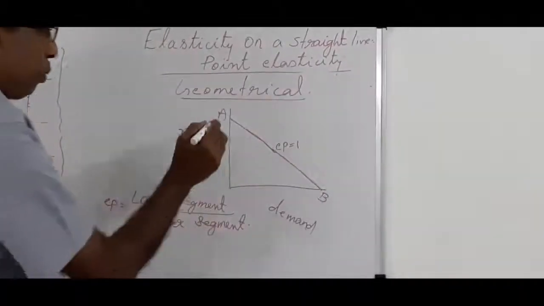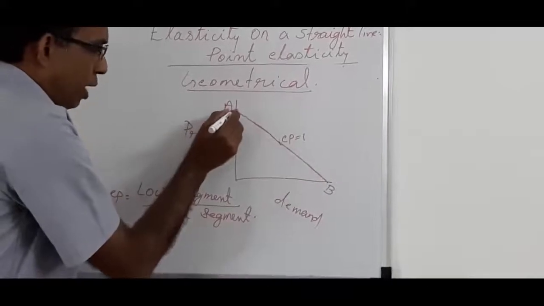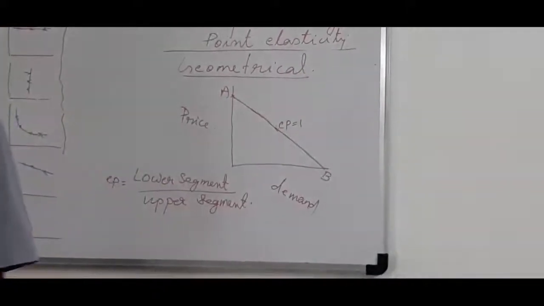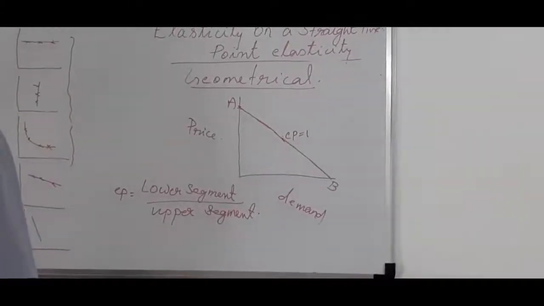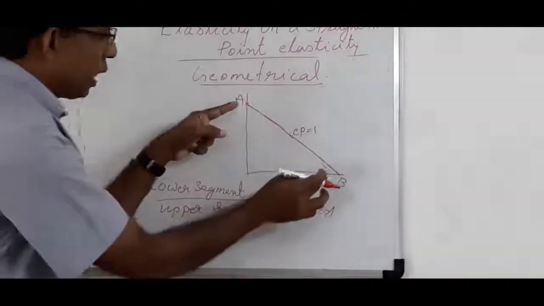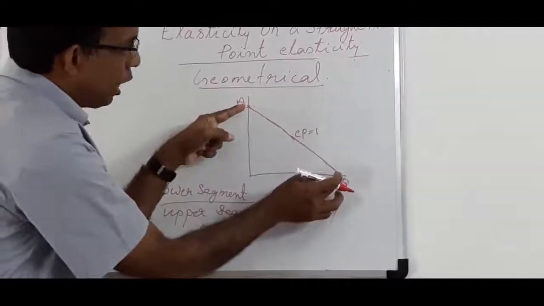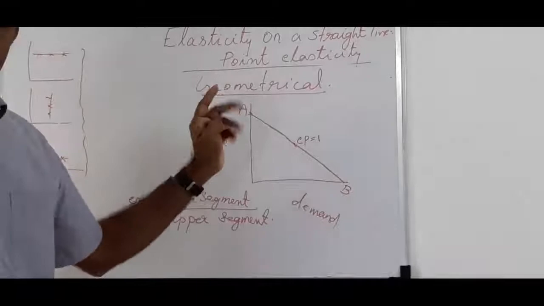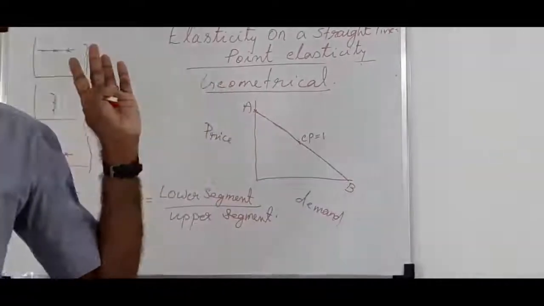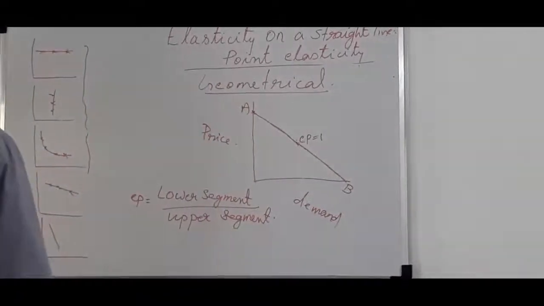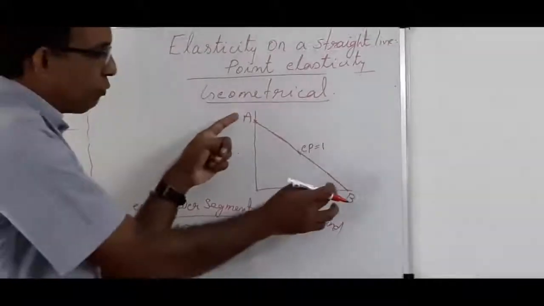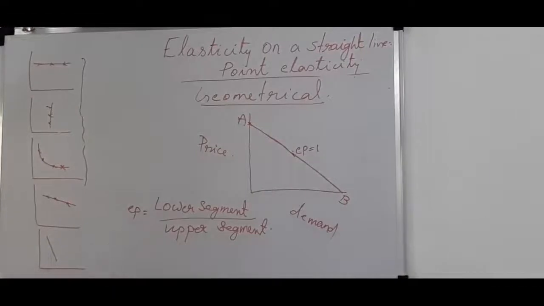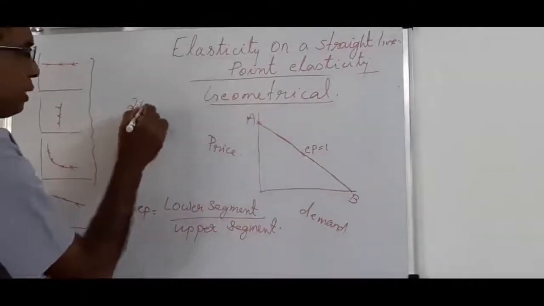Suppose we select a point on the y-axis where the demand curve joins the y-axis. What is the lower segment? The entire demand curve comes under the lower segment. What is the upper segment? Is there any upper segment at this point? Upper segment is 0. Suppose the length of the demand curve is 20 centimeter. Then the lower segment is 20 centimeter.